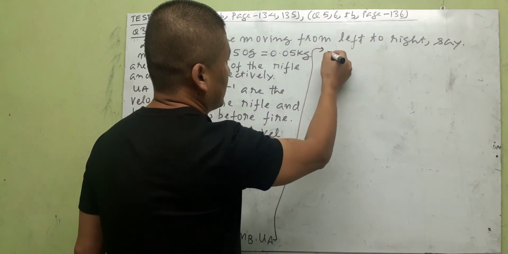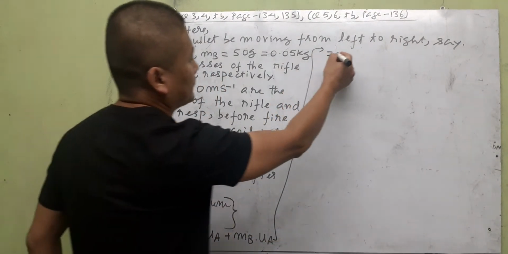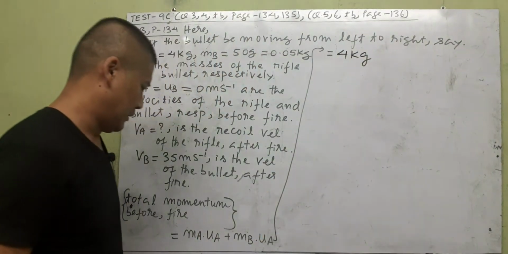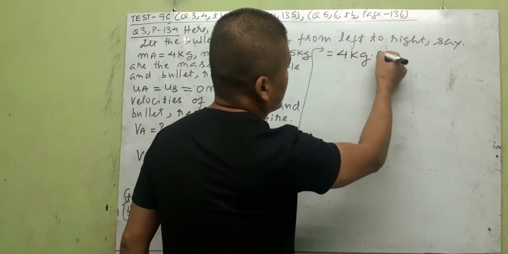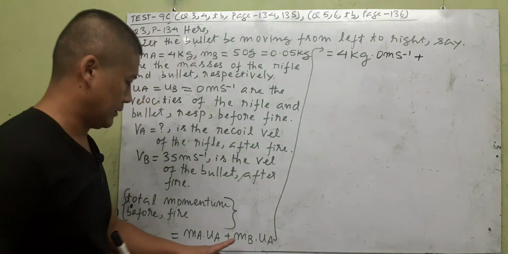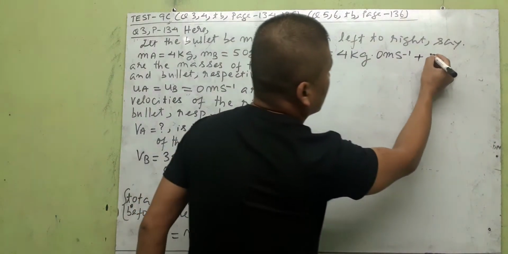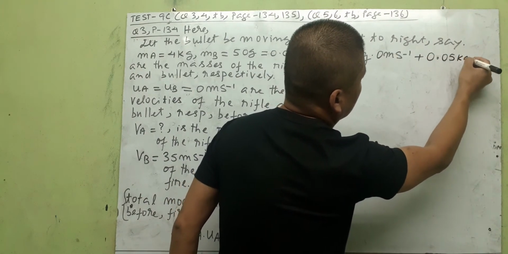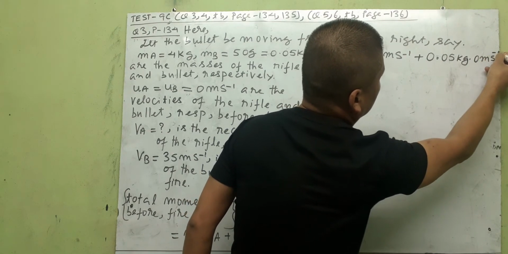As we go here, that will give you MA, here 4 kg. You can do slowly so we can understand it nicely. UA is here 0, into 0 meter per second, plus MB, here 0.05 kg into 0 meter per second.